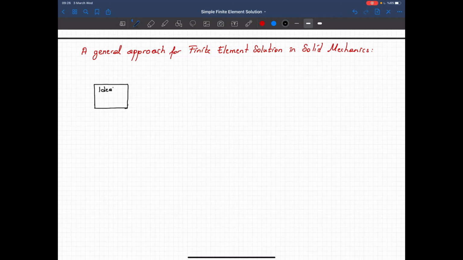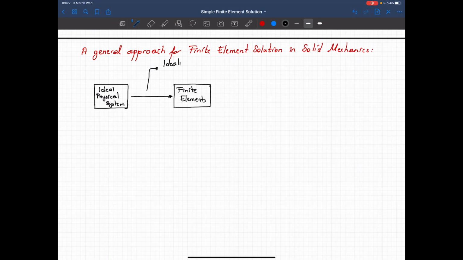So of course we don't analyze the actual system by using the finite elements. We generate a discrete version of that physical system, or idealized version of that physical system.